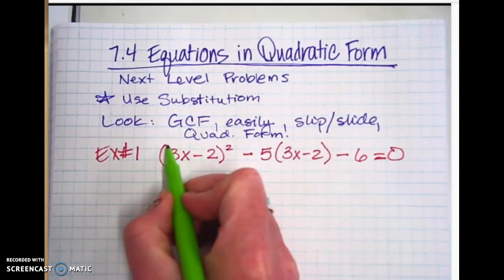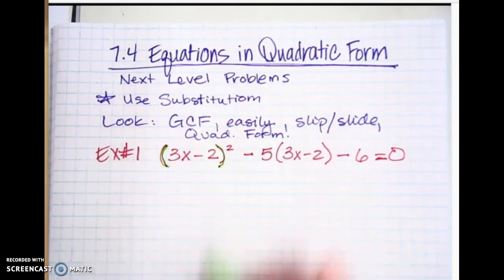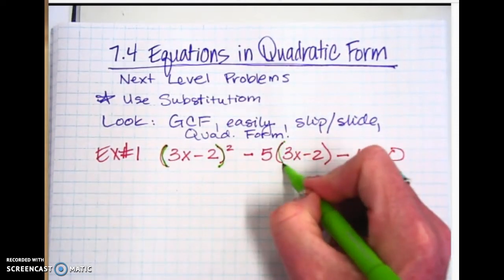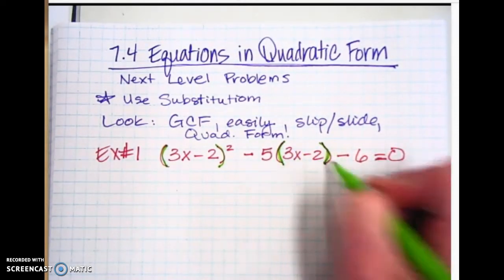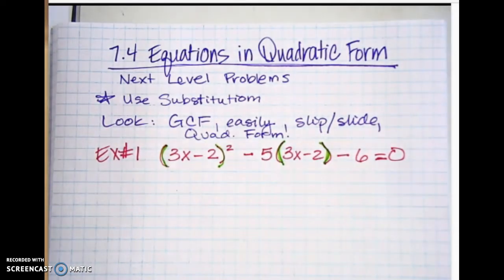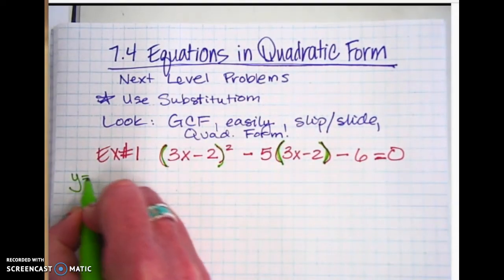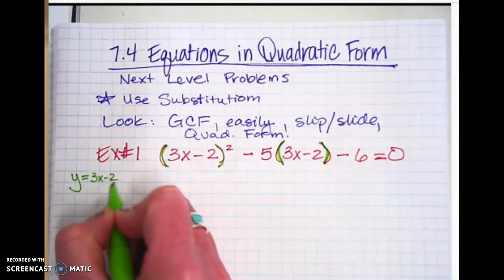Within the parentheses here, you have a 3x minus 2, and within the parentheses here, you have a 3x minus 2. So we're going to say that y is equal to 3x minus 2.